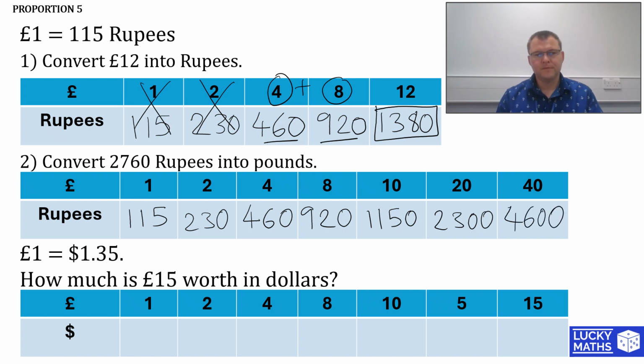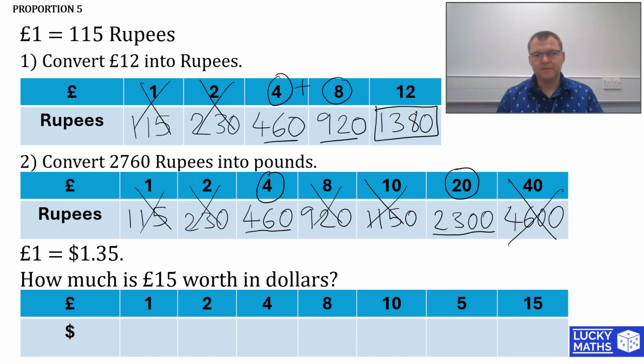Now, we've only got 2,760. So that is obviously way too big. But 2,300 rupees is not far off. In fact, if we add 460 to that, we get 2,760. So I'm kind of working backwards here with the ratio table like I would do in the division context.